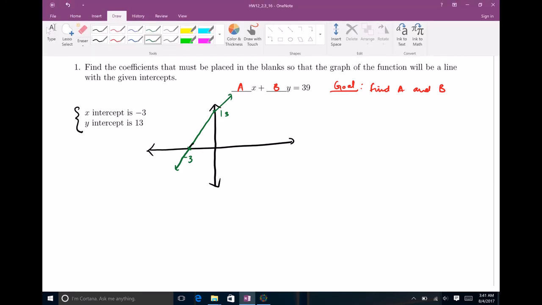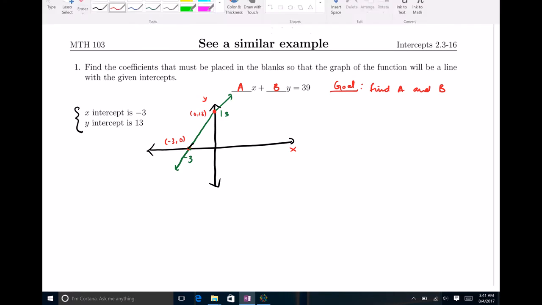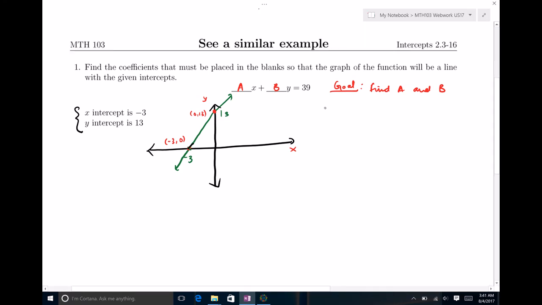Now the x-intercept being -3 means that it cuts the x-axis at the point (-3, 0), and the y-intercept being 13 means that it cuts the y-axis at the point (0, 13). So we can hopefully use this information to solve this problem.